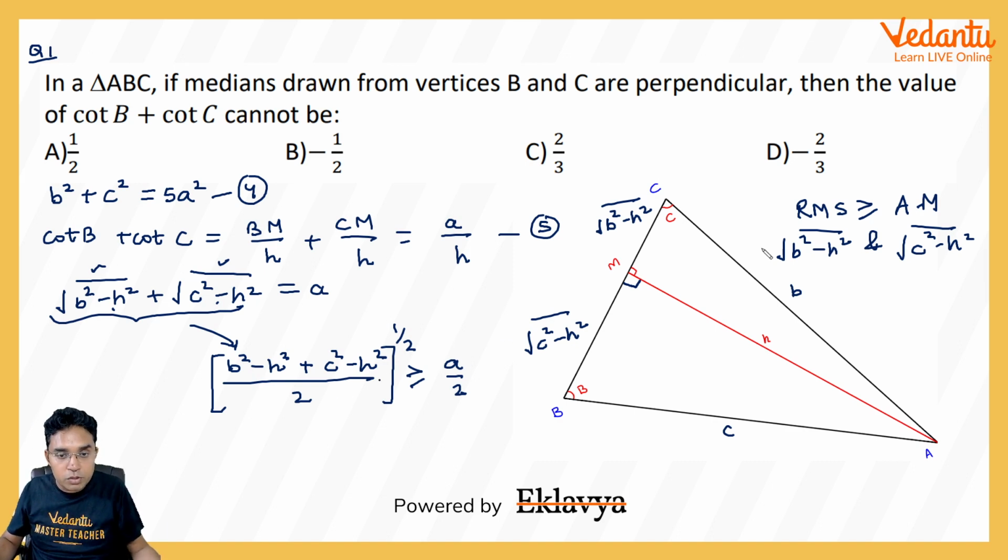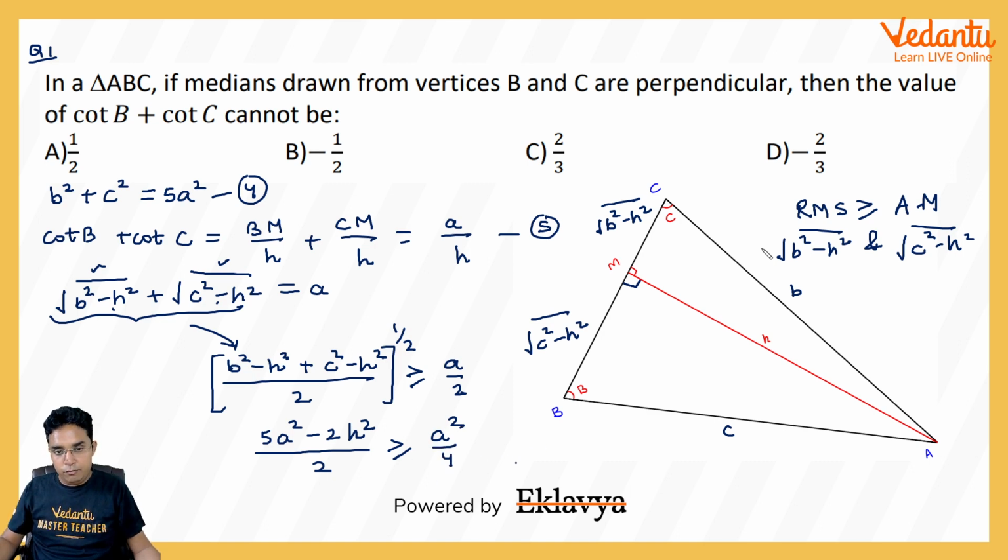Now doing both sides squaring, so we will be getting b square plus c square, which I can write as 5a square here. So 5a square minus 2h square in the numerator upon 2, and that will be greater than or equal to a square upon 4. Okay, so if I multiply by 4 both sides, I think here it will be multiplied by 2 only.